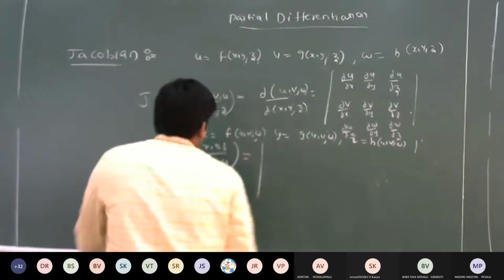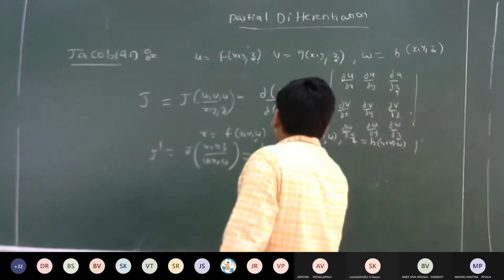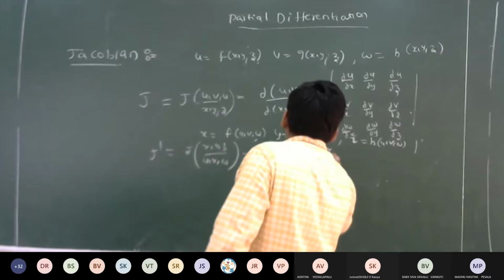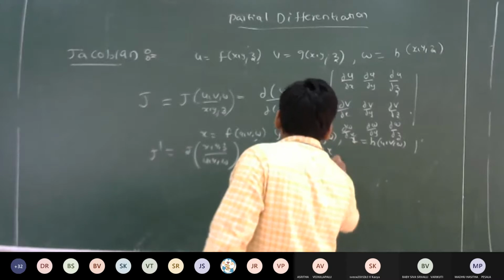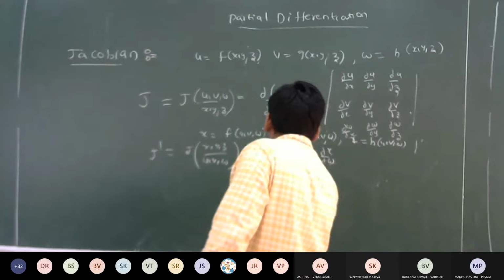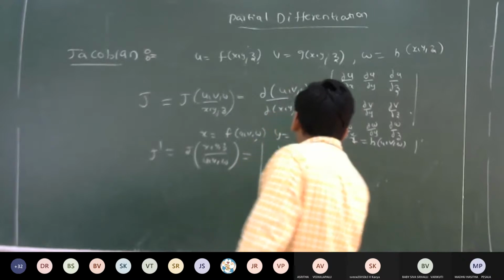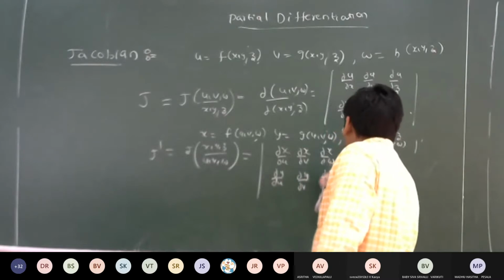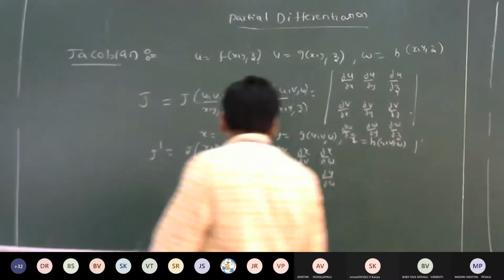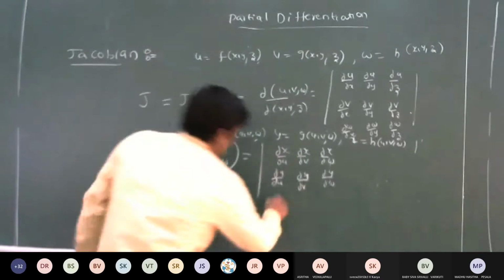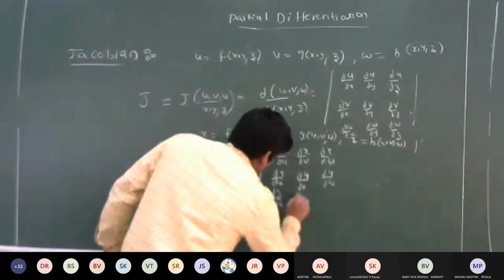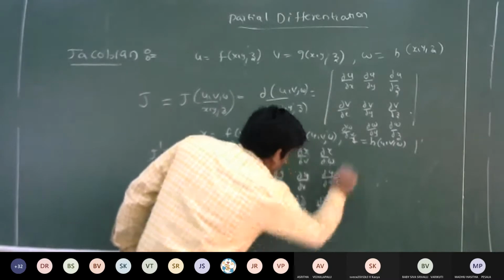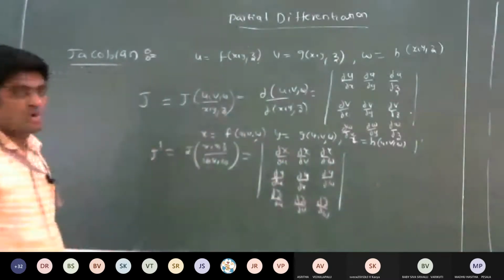That is dou x by dou u, dou x by dou v, dou x by dou w; then dou y by dou u, dou y by dou v, dou y by dou w; and last dou z by dou u, dou z by dou v, dou z by dou w. This is called the Jacobian.